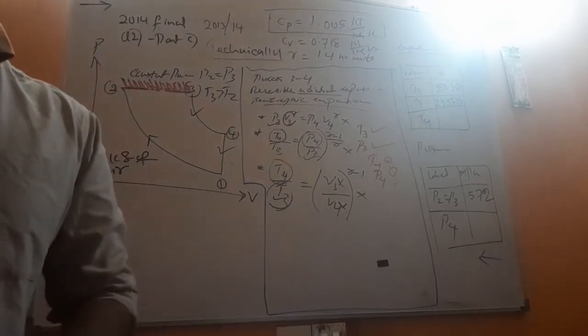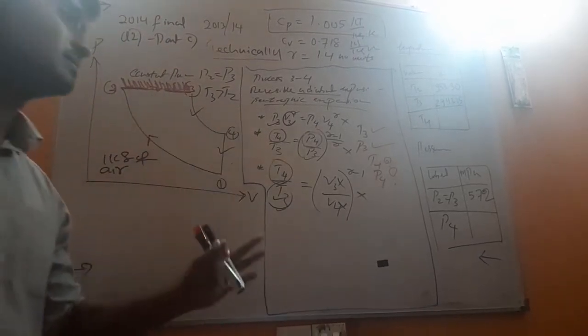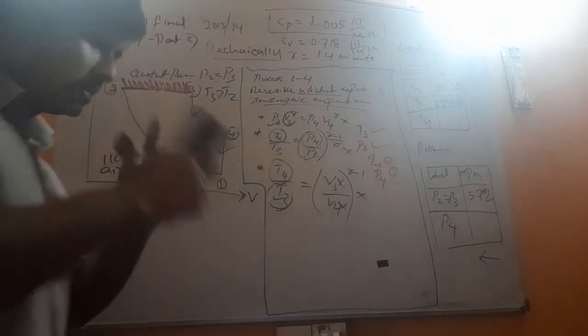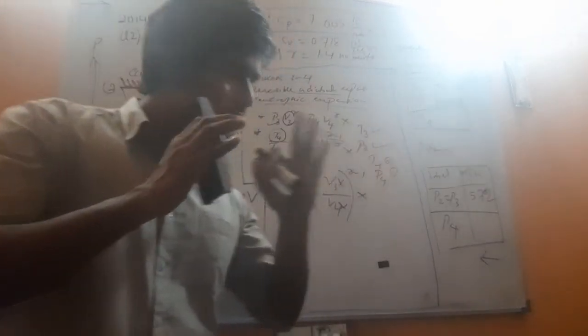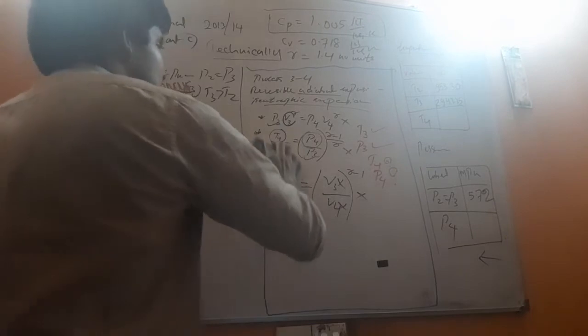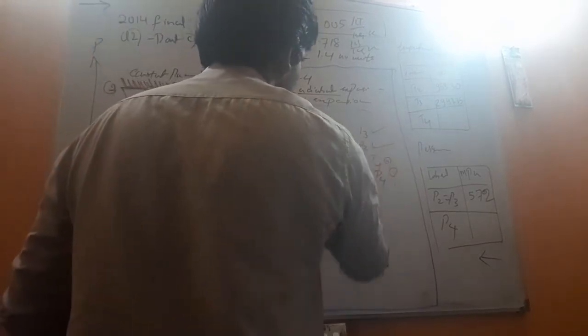Just because you know the adiabatic relationships, you cannot find the value. So for that, you have to use some logical approach. Let's see how to do that. Several ways are there, many methods are there. I will teach you all the steps.